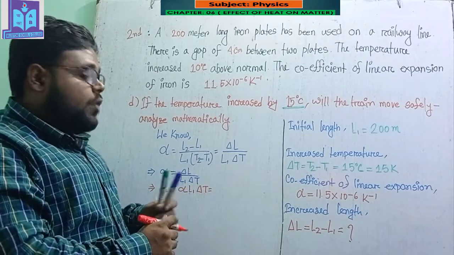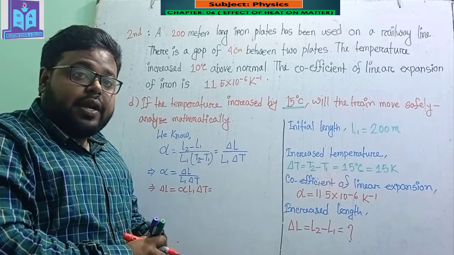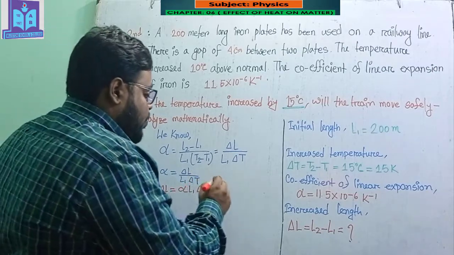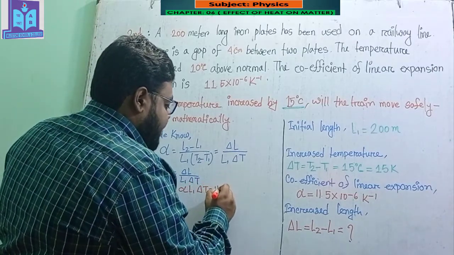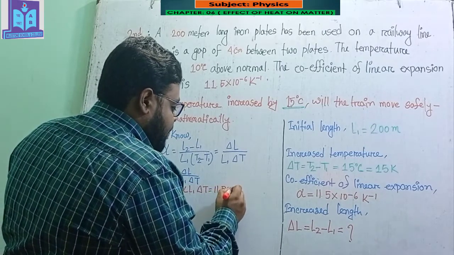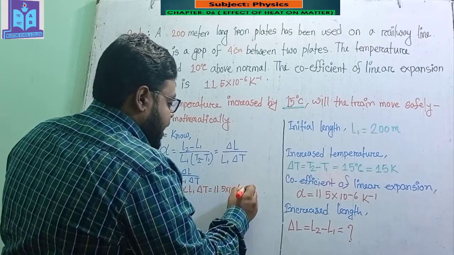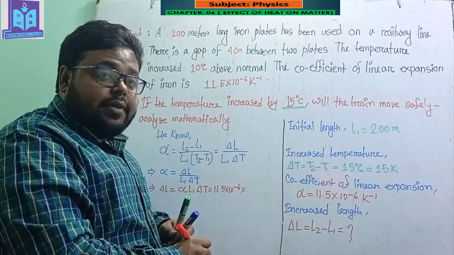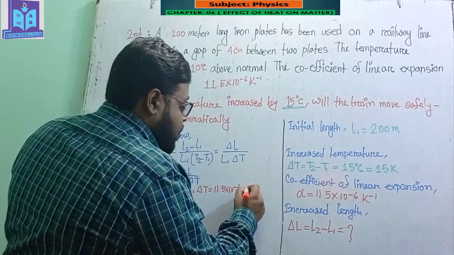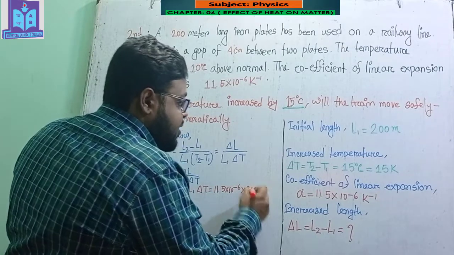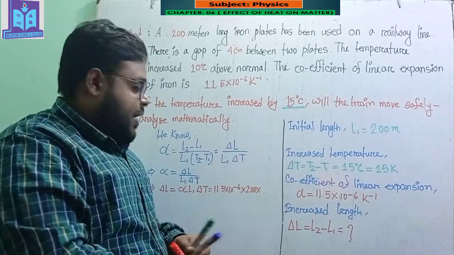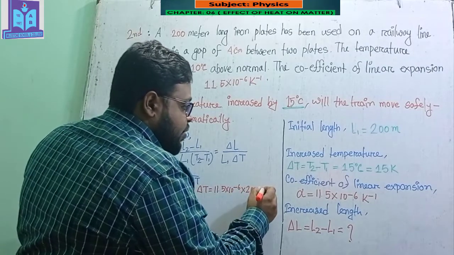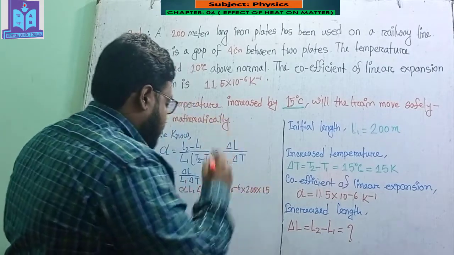If I put all of these values in this equation, it will look like this: alpha equals 11.5 into 10 to the power minus 6 into L1. Here you can see that the initial length of the iron plates is 200 and the increased temperature del T equals 15.